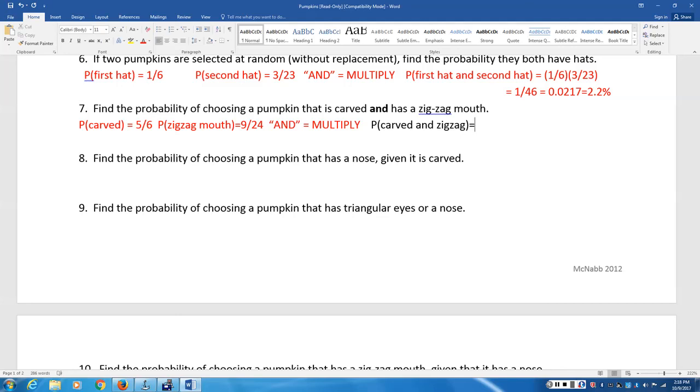Shouldn't it be 9 out of 23 since we've already picked one out of the 24? No, that's right. Okay, we're only picking one pumpkin, but that's a good thought. So probability carved and zigzagged. Yes, you can reduce that, Zach, you could. But since I'm going to multiply it out with something else anyway, I don't think I'm going to bother.